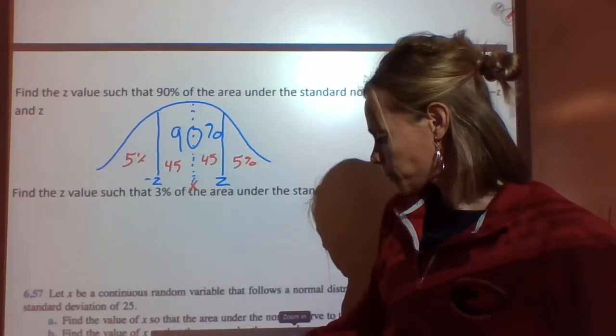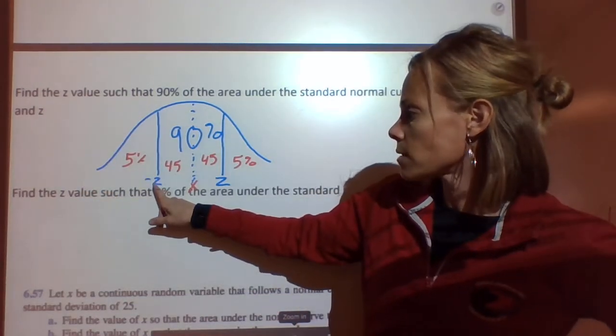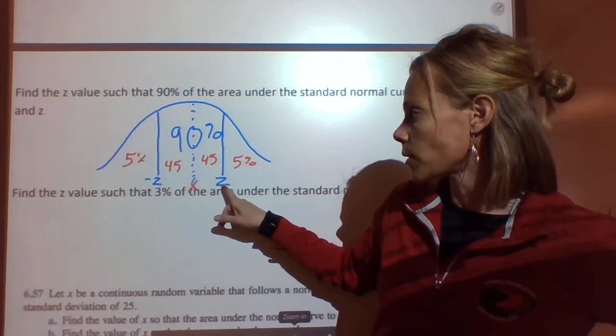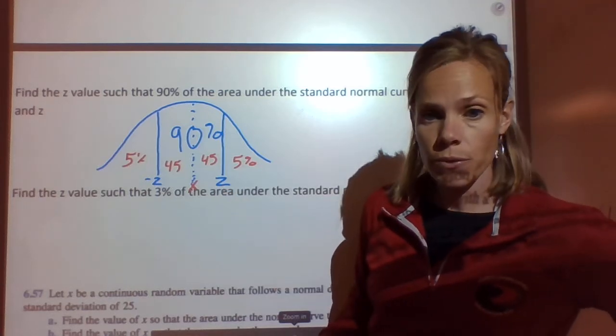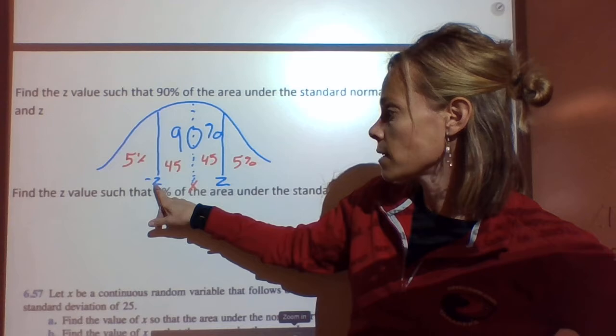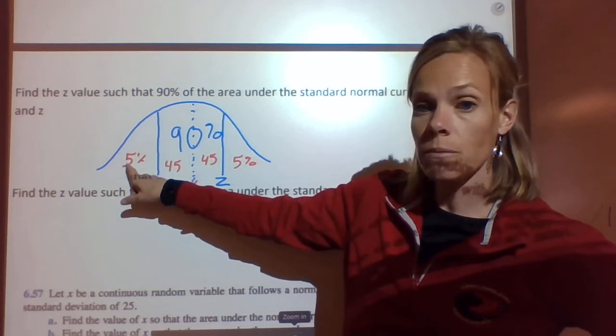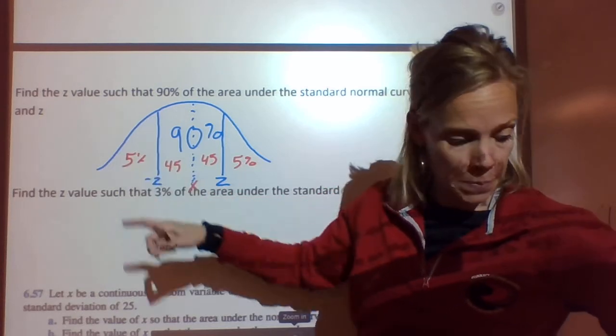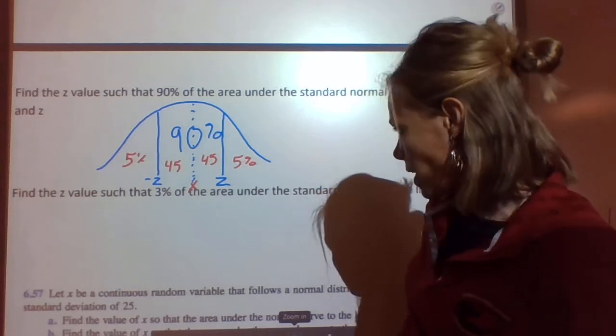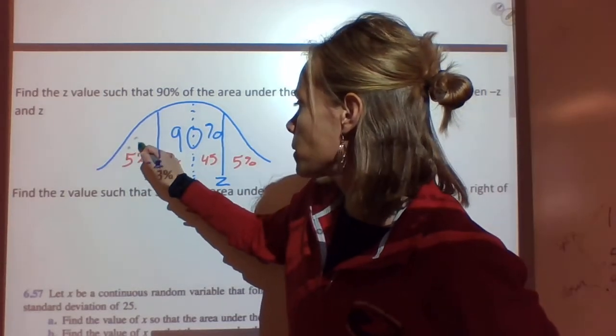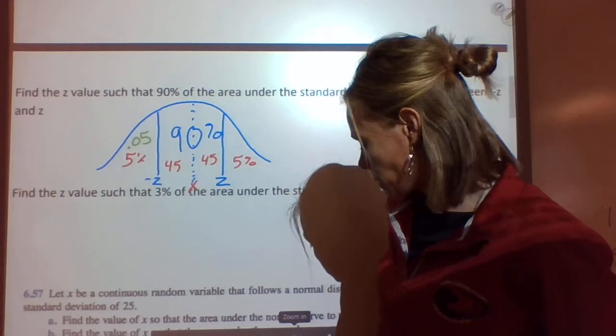Okay, now, I need to know this z-score and this z-score. I can look both of those up now, because in order to find this z-score, I can look up 5%, okay? So 5% as a decimal is 0.05.